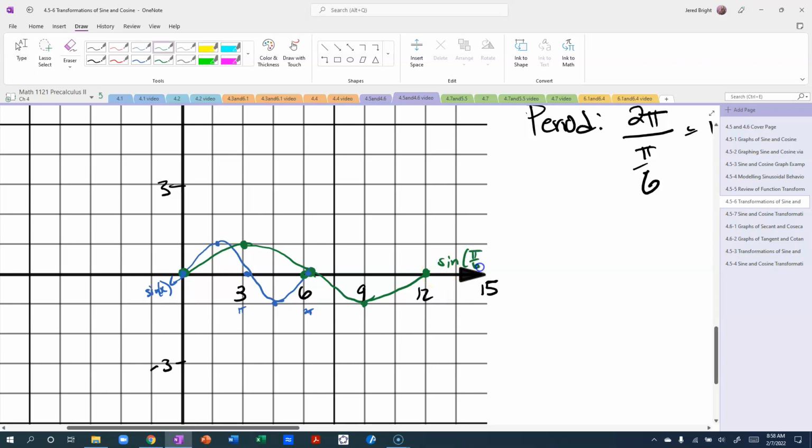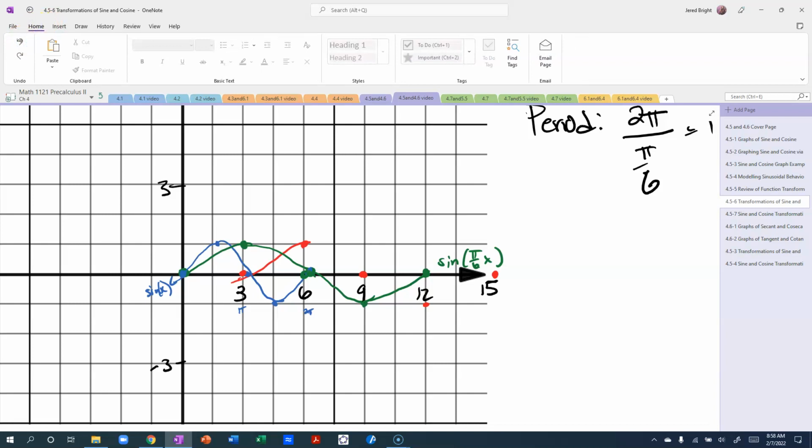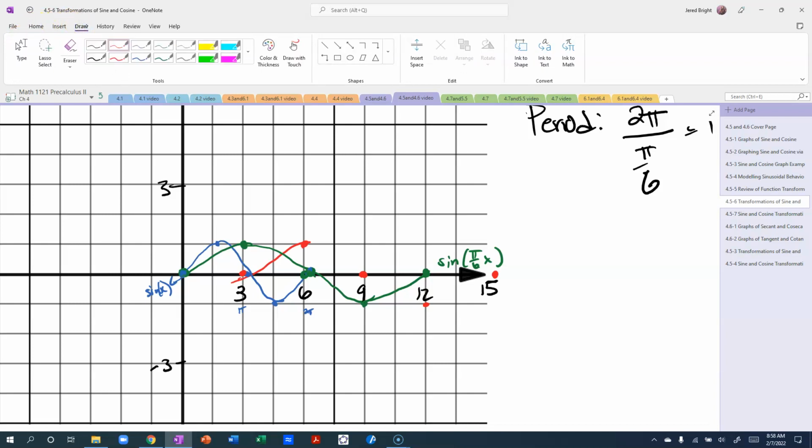So this is the sine of pi over 6x. Next I need to shift 3 units, so 3 units to the right, like that.